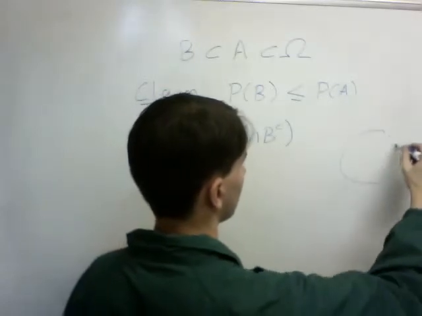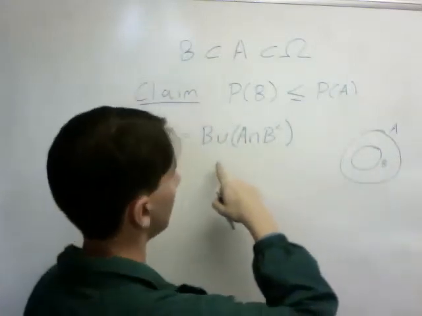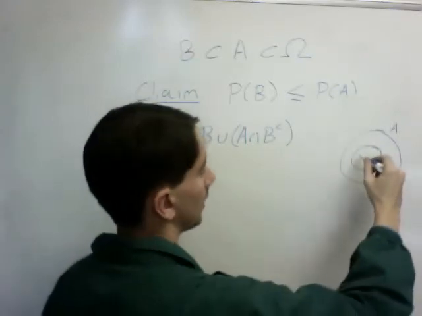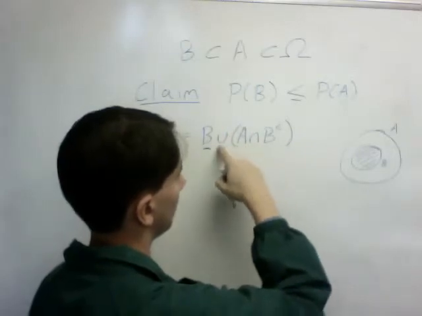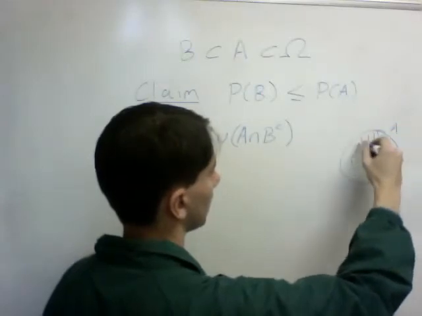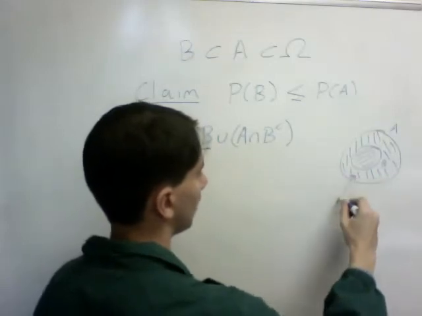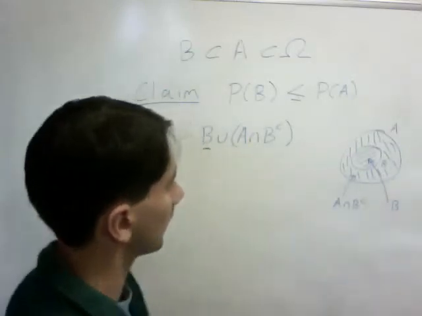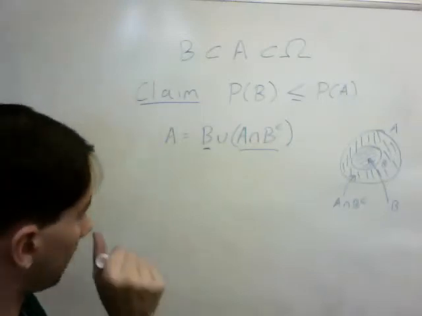So we have a set A, and we have a set B, and B is contained in A. So B is a smaller set that's sitting inside of A. And now if we take everything in B, that would be this part, and we also count everything that's in A and not in B. So here's the stuff that's in A and not in B. So this is A not in B, and this middle part, of course, is just B. Then we end up getting the entire set A.